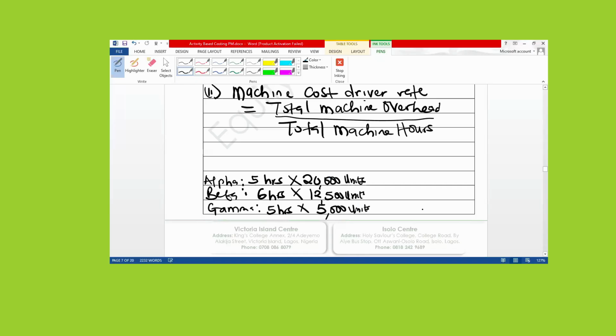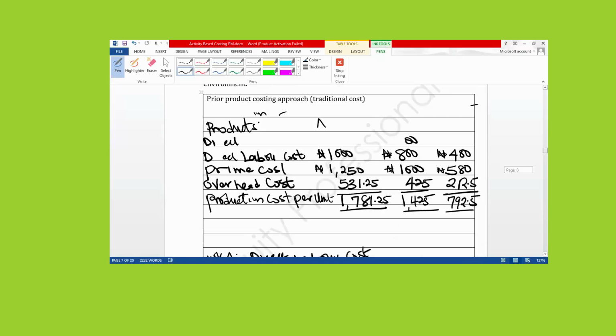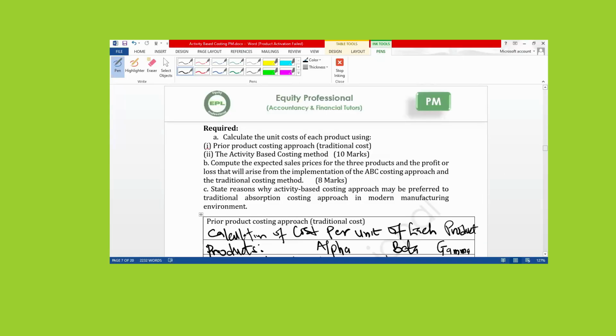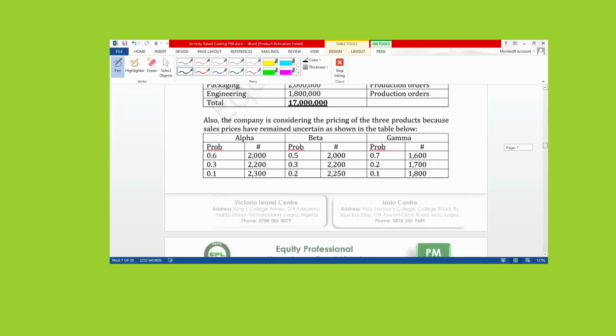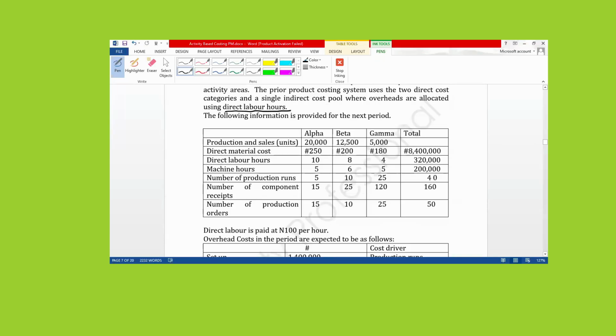Let me show you, some might not open the question. Look at it: production and sales units, alpha 20,000, beta 12,500, gamma 5,000.